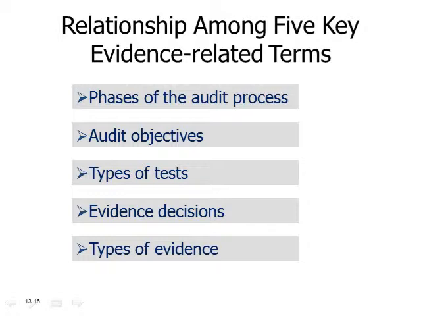So what we realize through the evidence decisions may change the types of tests that we perform or the types of evidence that we find we need to validate and to become comfortable with the audit objectives. So it's a very interactive and integrated approach.